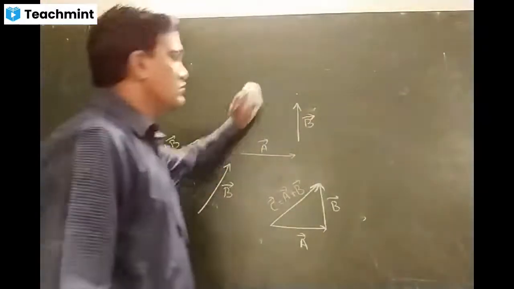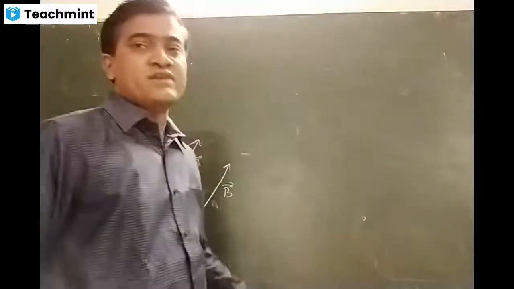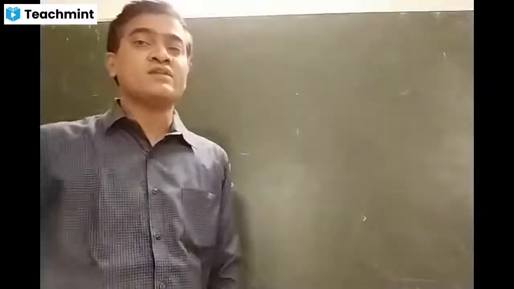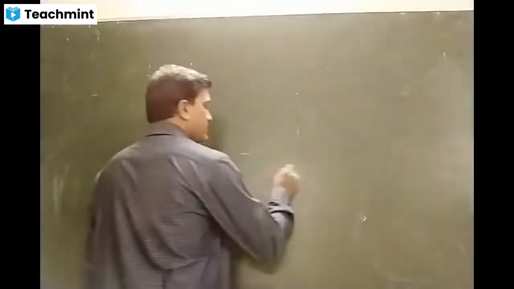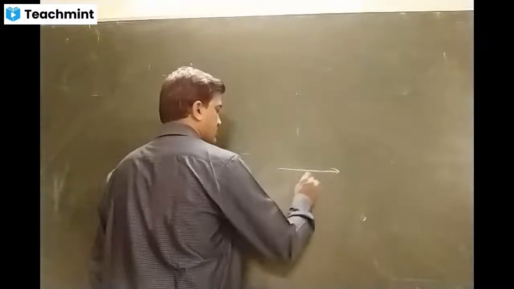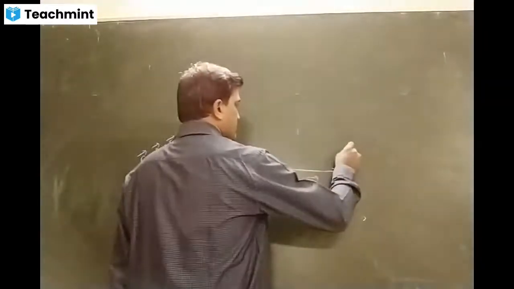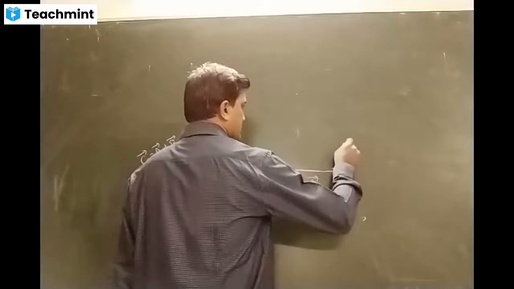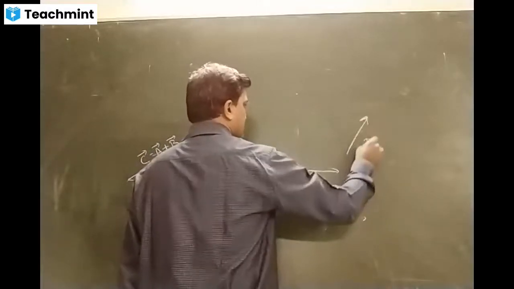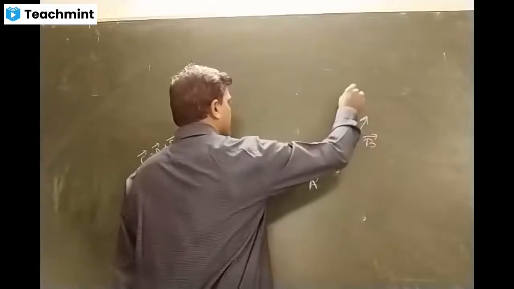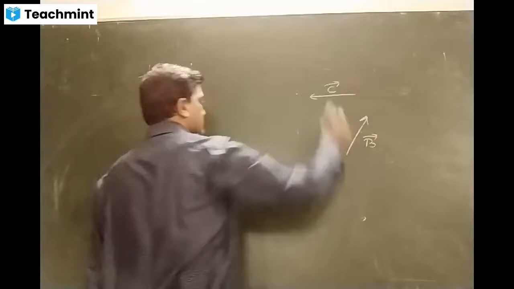Now let me give you one more scenario. Let me take three vectors and add them, and let us see what we get. Let me take this as A bar, this as B bar, and another one as C bar.